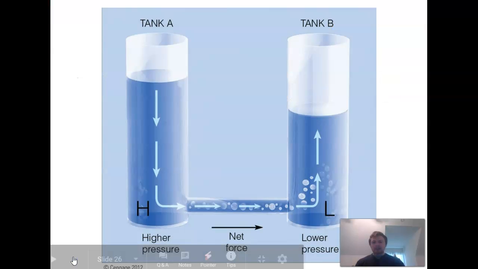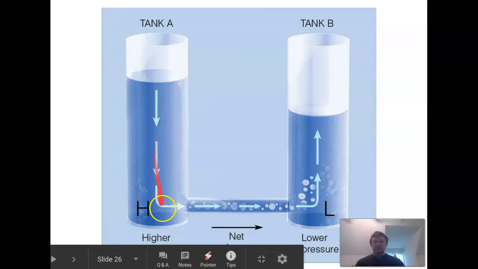If we have high pressure and low pressure, like a higher water level in a tank giving a higher pressure at the bottom, then we expect a force to push the air from high to low pressure.